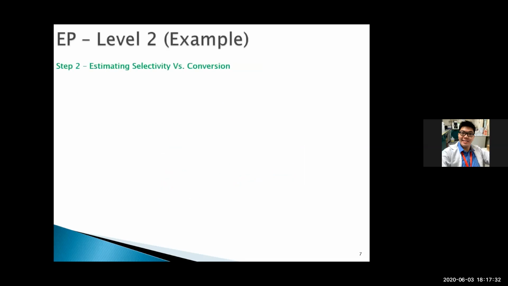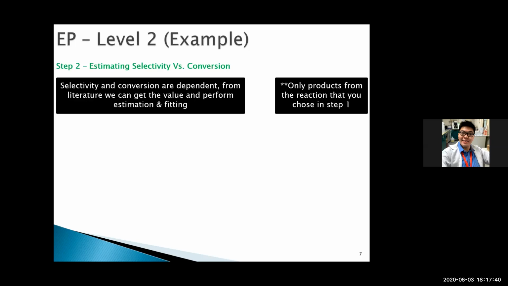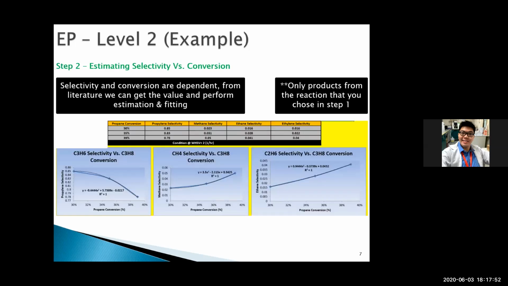In step 2, we will look at the impact of selectivity versus the conversion. As there are so many side reactions, we assume there are a few side reactions from your processes. The selectivity of each product, you can get from literature, or you can compile a table and develop a model for selectivity versus the conversion of your reactant.